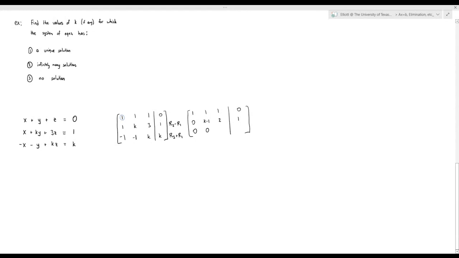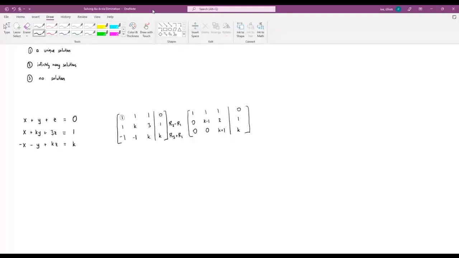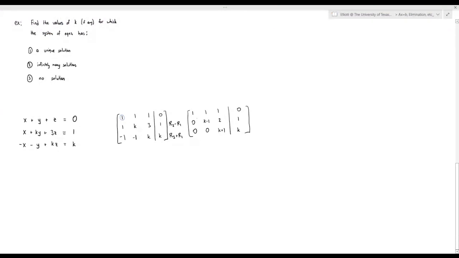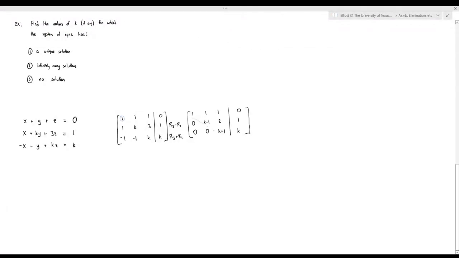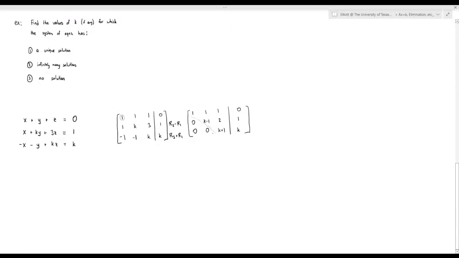That's very convenient. And then k plus 1 here. And then I guess this is k plus 0, so just k. Okay. So you might have to do a couple more row operations, but fortunately here, this is already in upper triangular form, so that's very convenient. Okay.